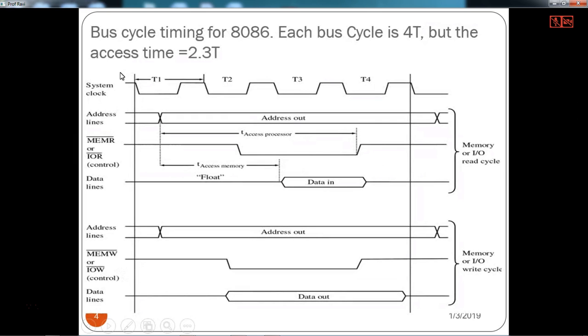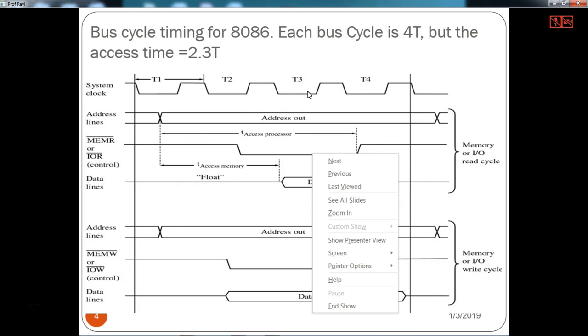Considering the bus cycle timing of the 8086, each bus cycle is of 4 T states: T1, T2, T3 and T4. For a memory read, that means reading a byte from the memory, the 8086 will take 2.3 T states. When the address is given in the memory read cycle, there is the first cycle, the second cycle, and then the data is available at the third clock cycle.